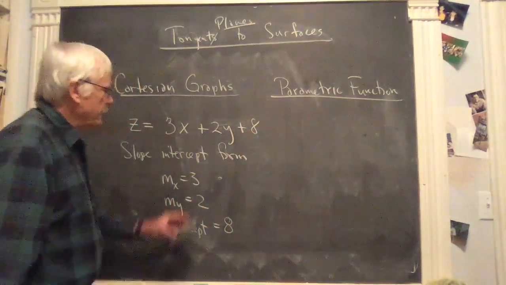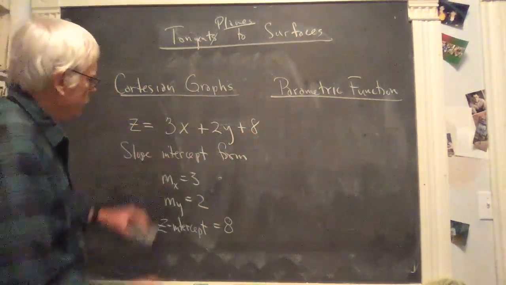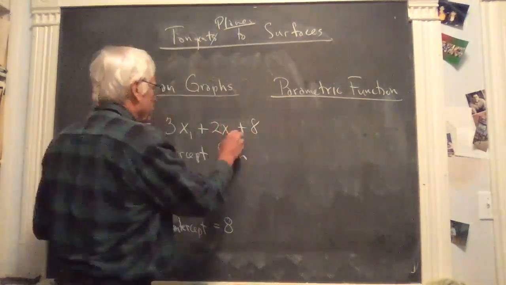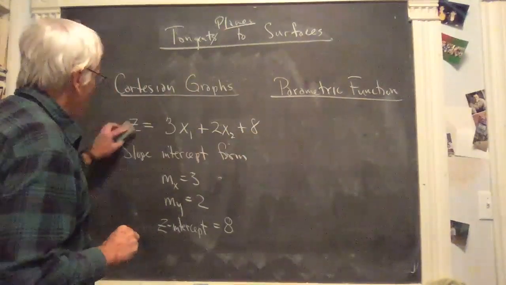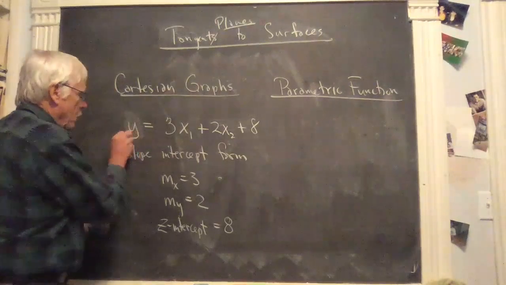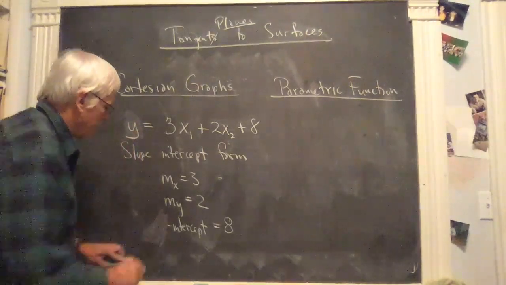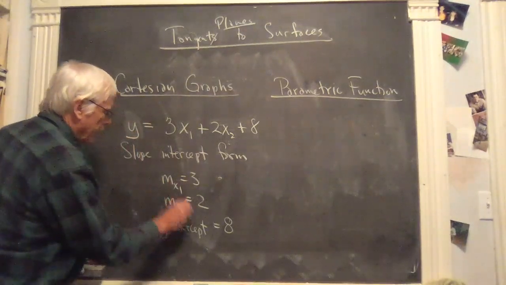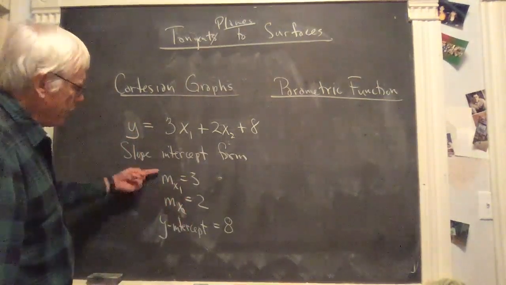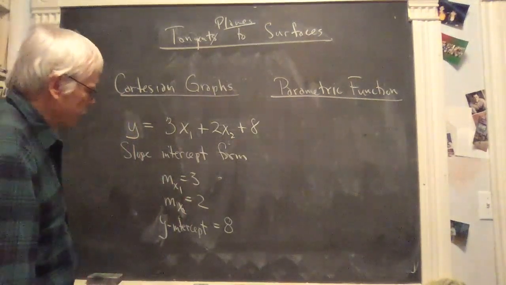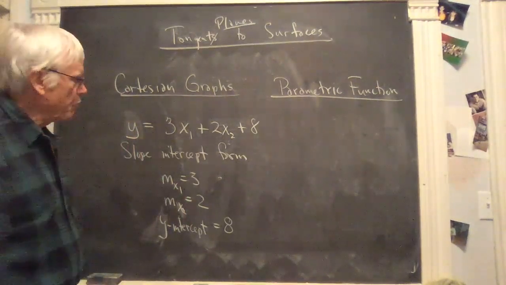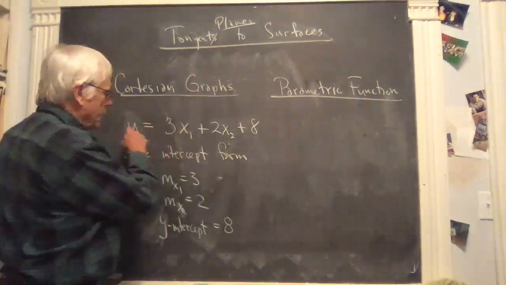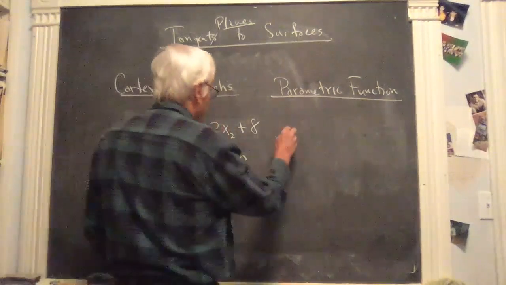Now, this is typical. Our book uses x, y's, and z's. More typical mathematically is that the input variables, if it's in function form, are x1 and x2, and the output variable is y. So we have a slope in the x1 direction, a slope in the x2 direction, and a y-intercept. This corresponds more closely to the one-dimensional case. I want to rewrite this a little bit.